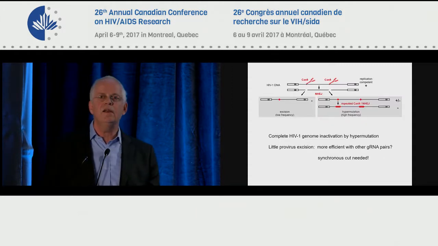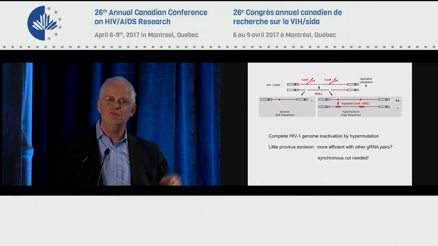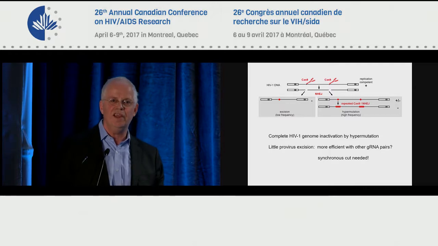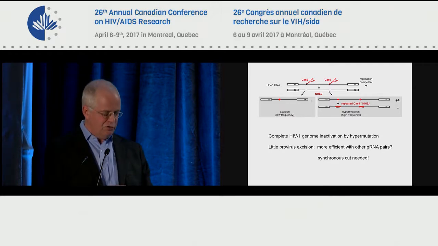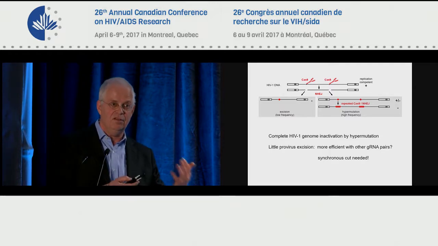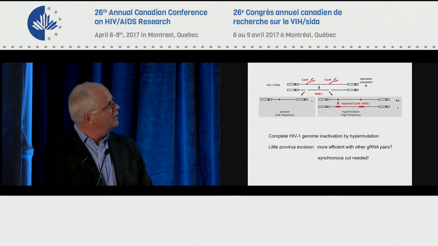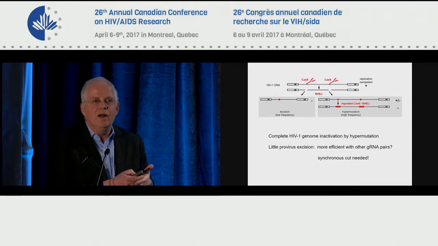Now, another thing that I should point to is that people, of course, started earlier than we did on using CRISPR-Cas. The strategy they usually discussed, as the theory of how things should happen, is that with a combination you will get cleavage here and there, and then you will remove the intervening sequences and simply truncate the provirus.